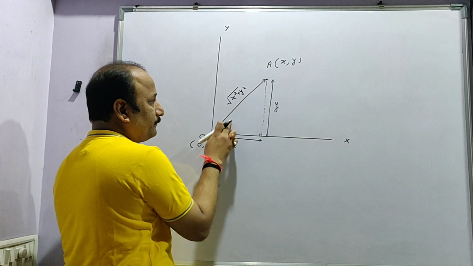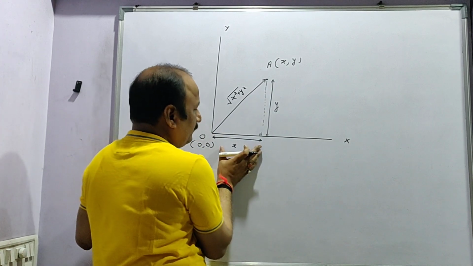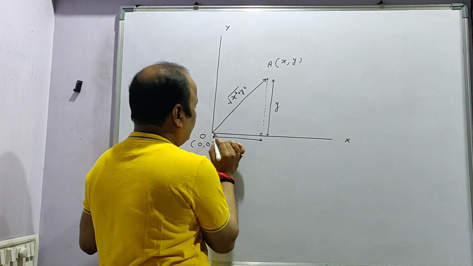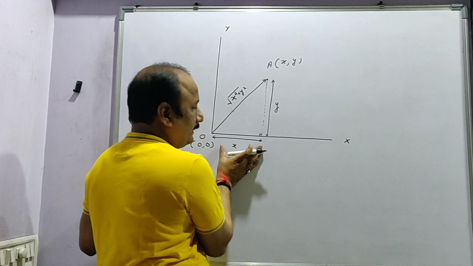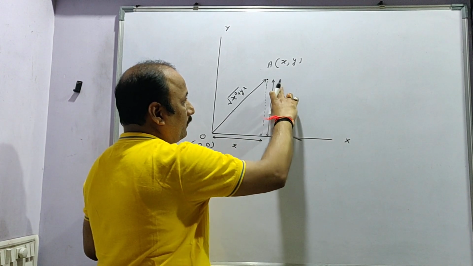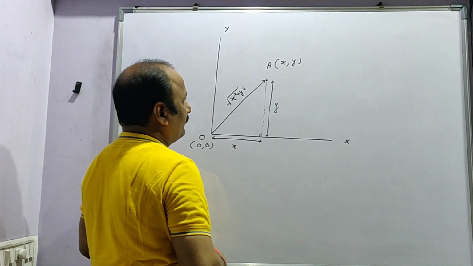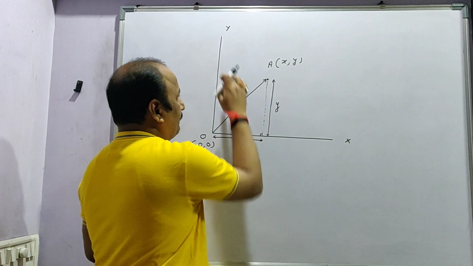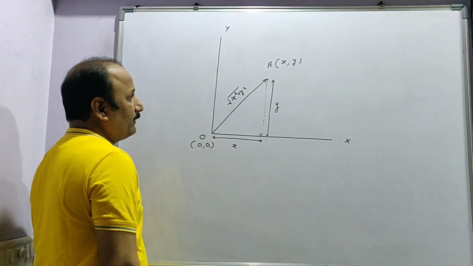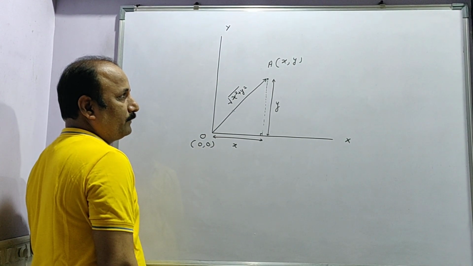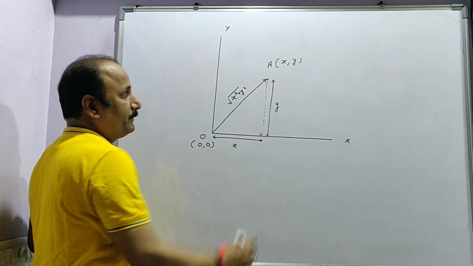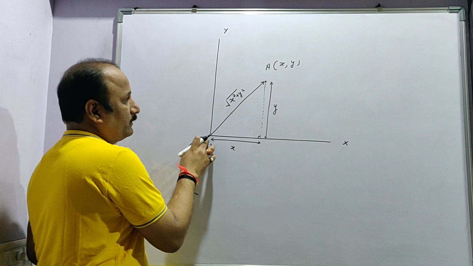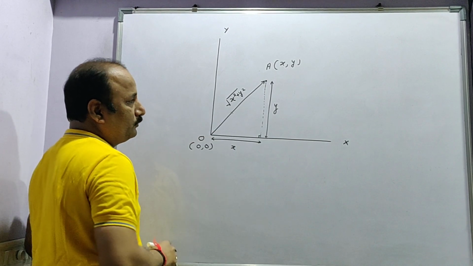As we see, the length along the x-axis is only x, and along the y-axis is y, and the length of this OA in this xy plane is the square root of x square plus y square.